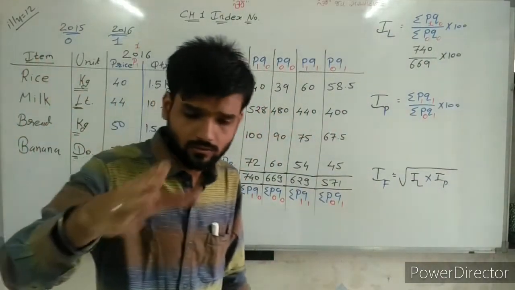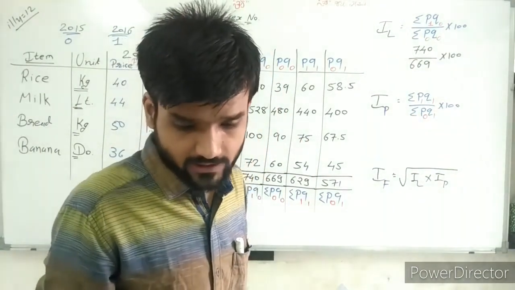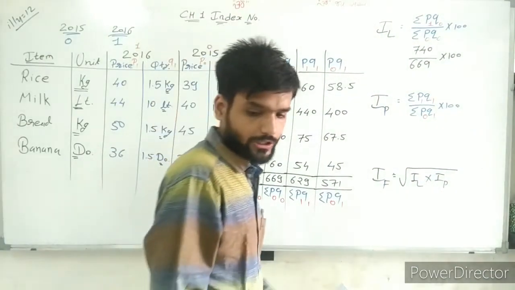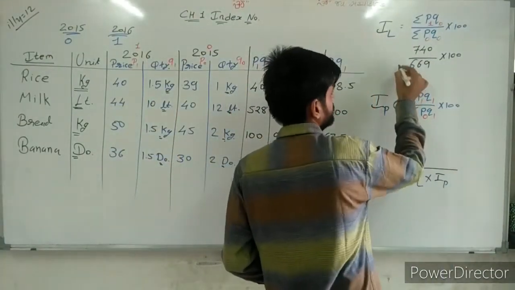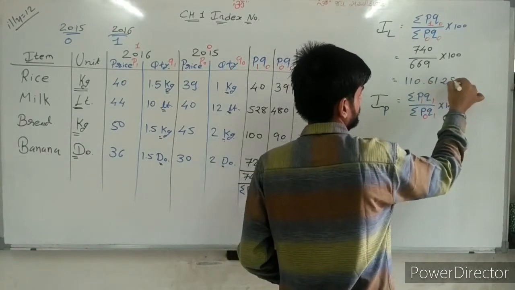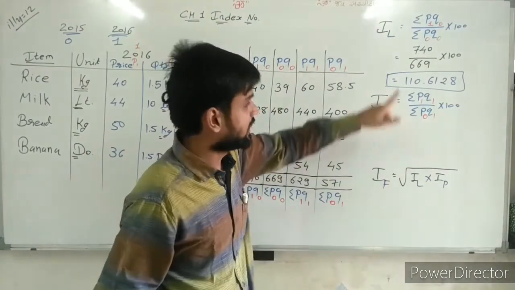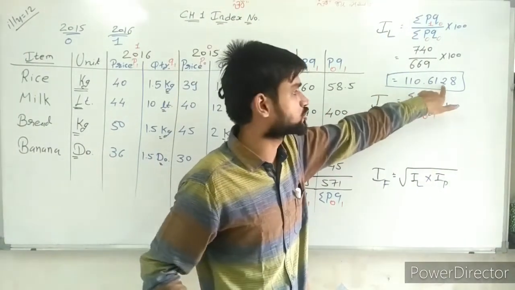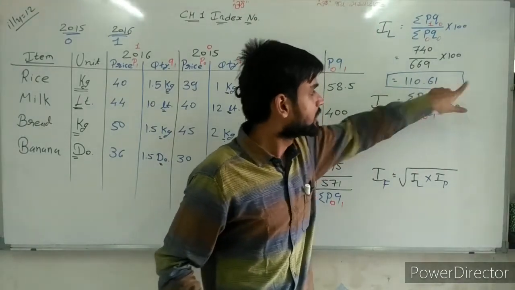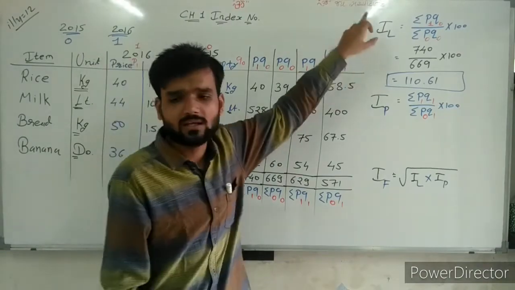If you calculate 740 upon 669 into 100 in the calculator, your answer is 110.6128. You can write 110.61 because 2 is less than 5. So we can write directly 110.61. That's it. So this is the answer for the last pair.